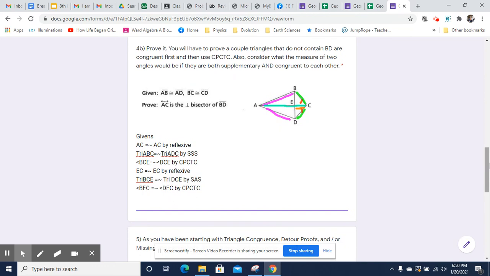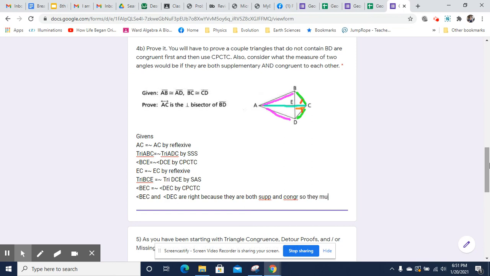Okay, so now we can say that angle BEC and angle DEC are right angles because they are both supplementary and congruent.